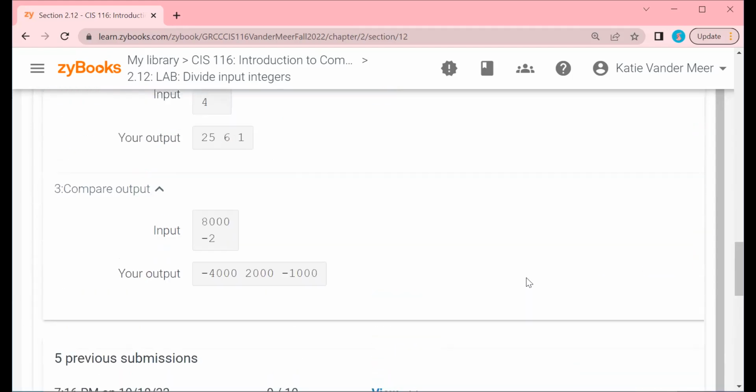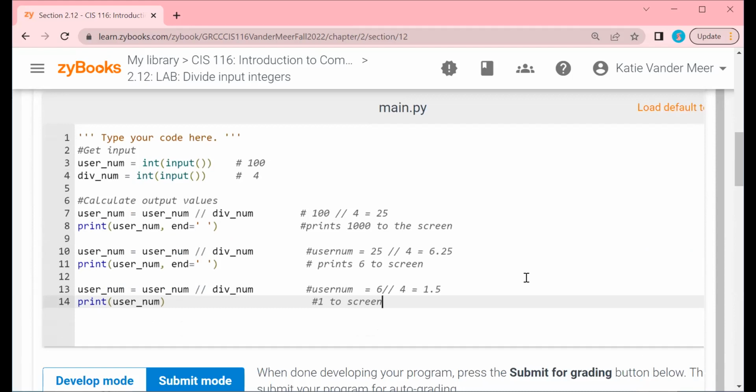I do have a quick question. I never understood the escape mechanism, I guess. What is the escape sequence called end equals empty single quotes? How is that different from the other ways to start a new line? Well, print by itself adds a new line.